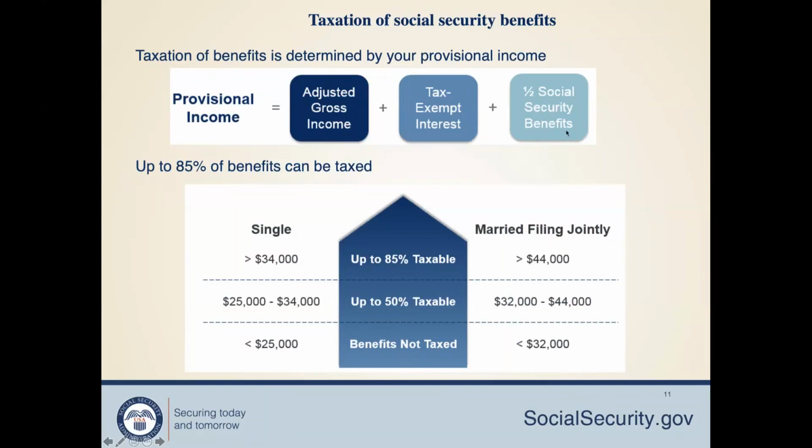They will take your AGI, adjusted gross income, and add any tax-exempt interest like municipal bonds, and other things where there is no tax, because that may not be included in your AGI. Plus they will add half of the Social Security benefit. They don't add the full one. But this doesn't really matter.